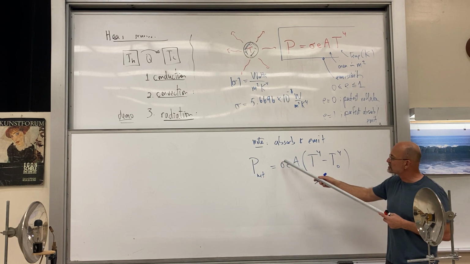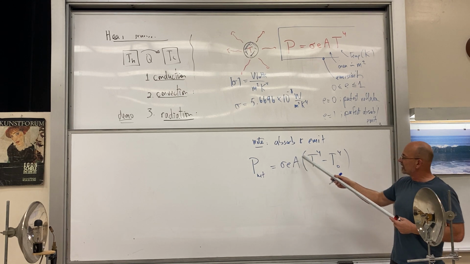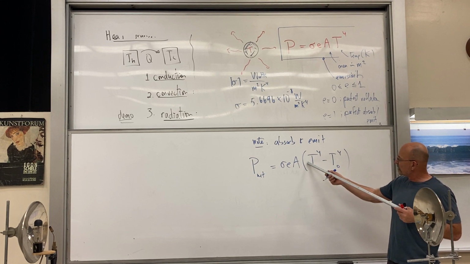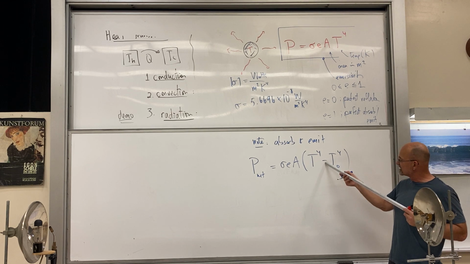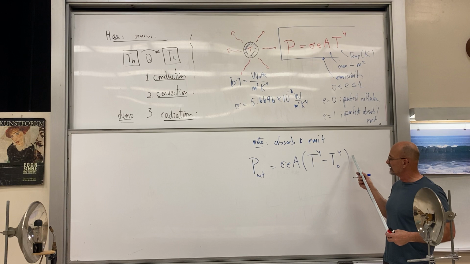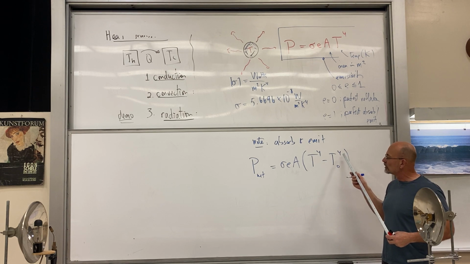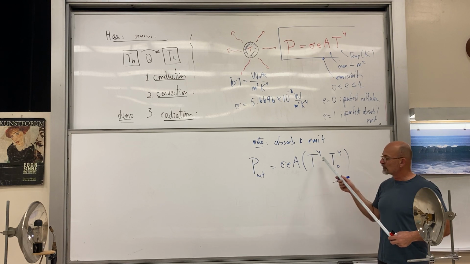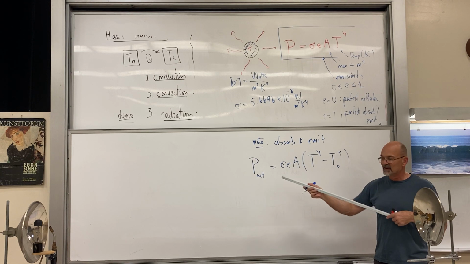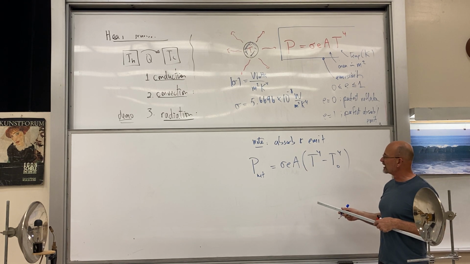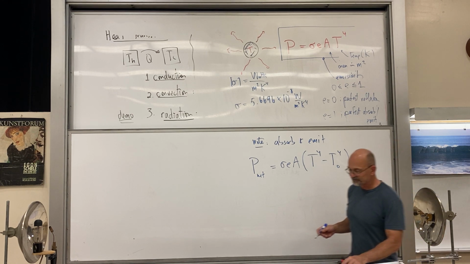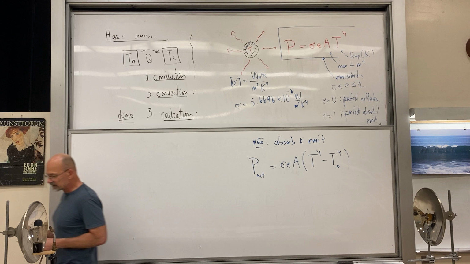If the object's much hotter, you get net emission. If the object's much colder, then this minus sign dominates and you get net absorption. And in equilibrium, the absorption, like I just said, equals the emission, in thermodynamic and radiative equilibrium. Good, we consult the clock.